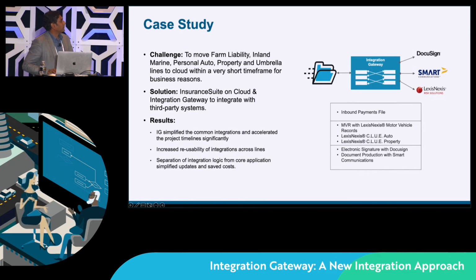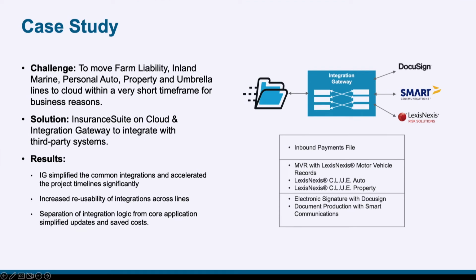This is another customer, an existing customer. They were planning to move all these lines of business: farm, liability, inland. Again, they approached us, we told them cloud is the best way to go, and we talked to them about integration gateway as well.